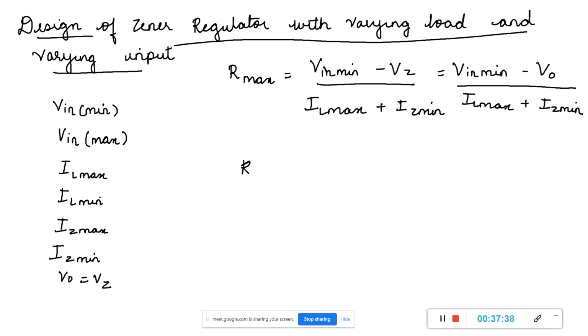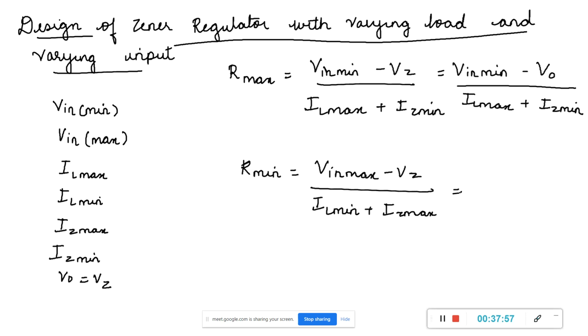for R max. For R minimum, we have V in max minus Vz divided by IL min plus Iz max. That can be written as V in max minus V0 divided by IL min plus Iz max.